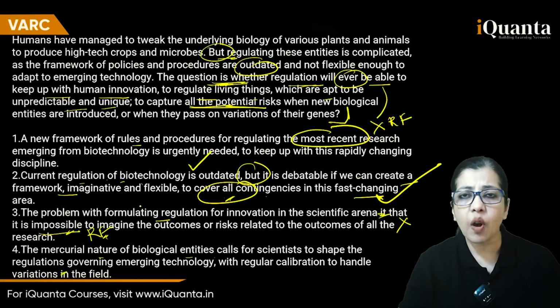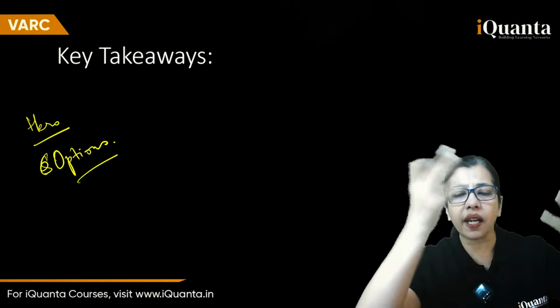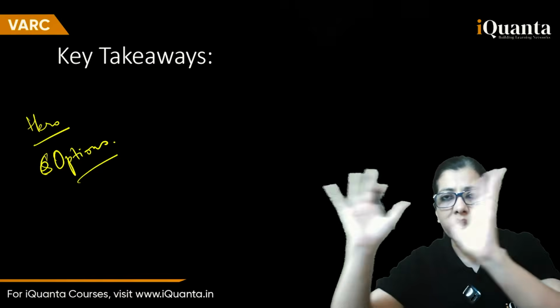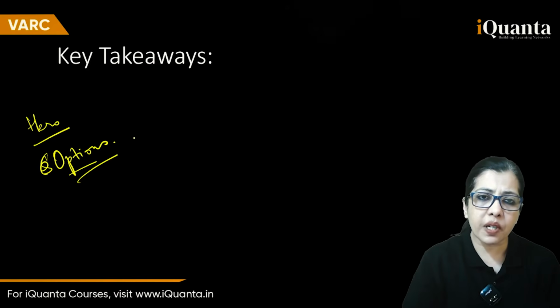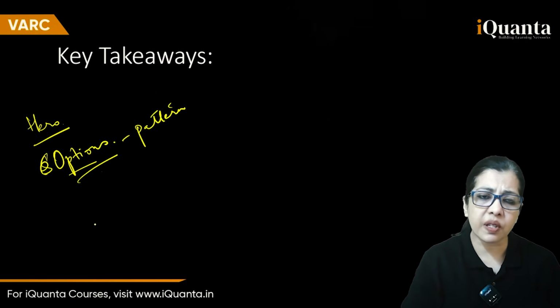So there are 3 options that talk about regulation, and one is starting with some mercurial nature of this and all. The spotlight shifts from regulations to mercurial nature. Got it? So options में pattern. This is something that really helps me. Okay, hero निकाल लिया, options निकाल लिया.